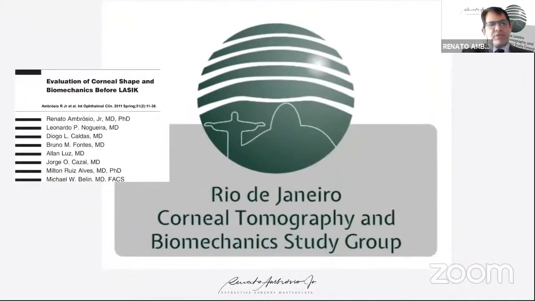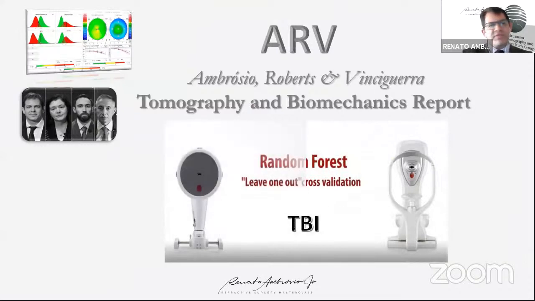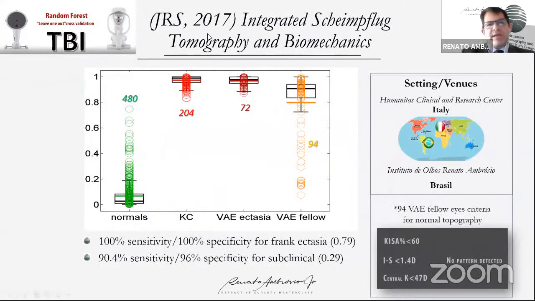Our concept is to integrate tomography and biomechanics, and we have done that with artificial intelligence. Very nice work by Bernardo Lopes in his thesis. And this is the summary of the JRS 2017 publication, in which we have a very nice separation, I would say virtually perfect separation, for the clinical ectasia cases, and with a different threshold, we can improve the sensitivity in the very asymmetric ectasia cases with normal topography based on strict criteria.